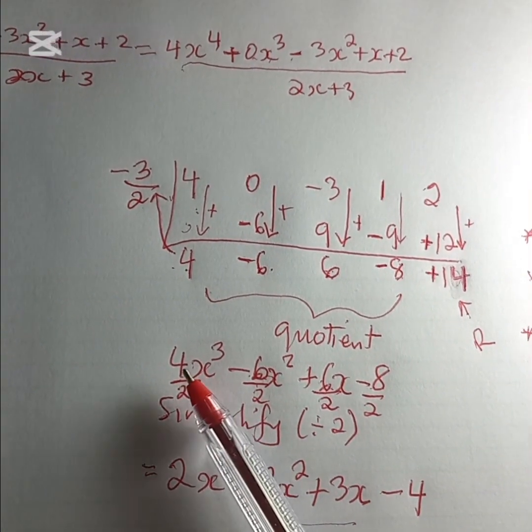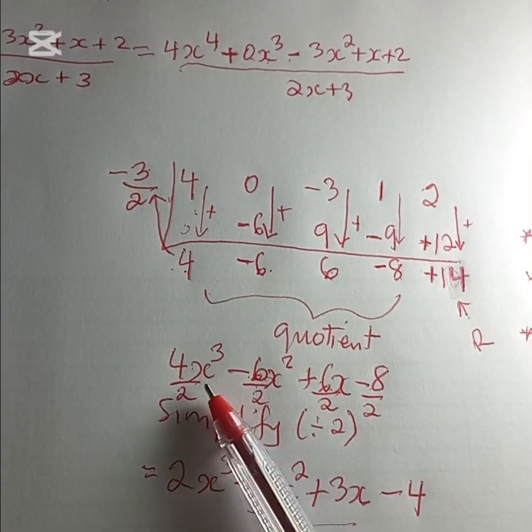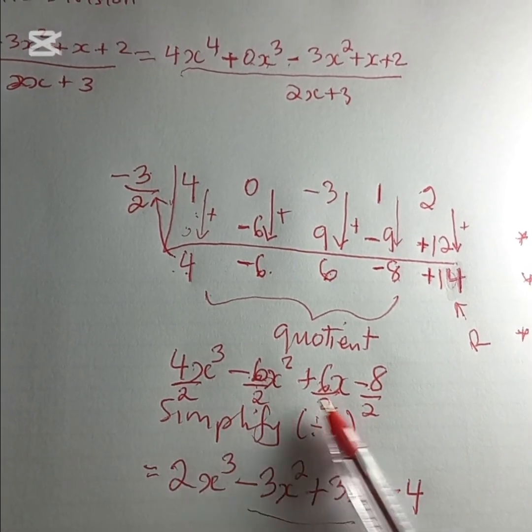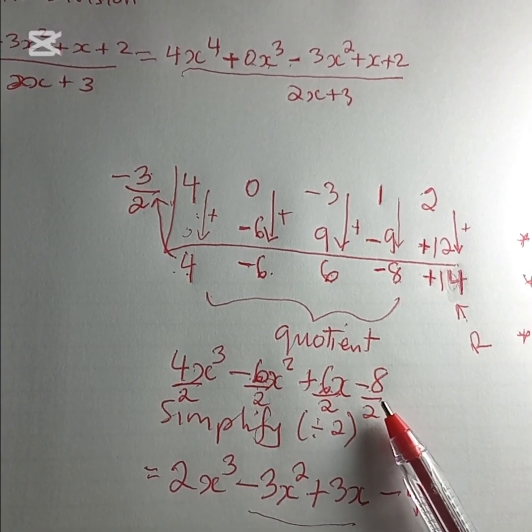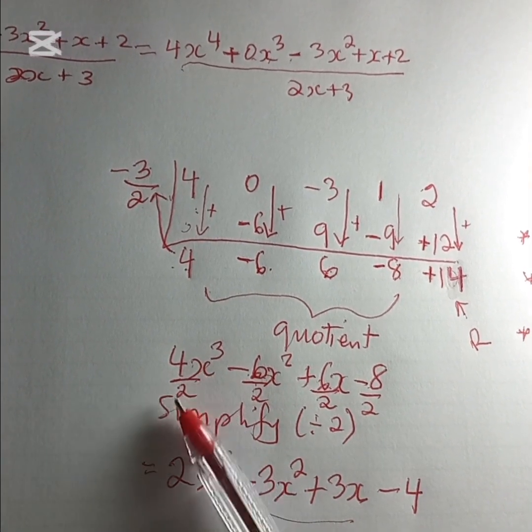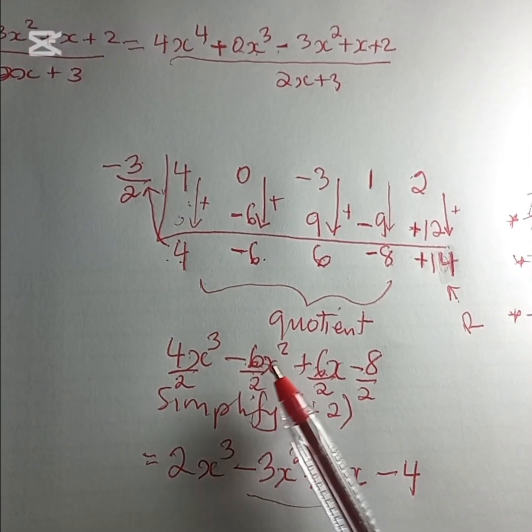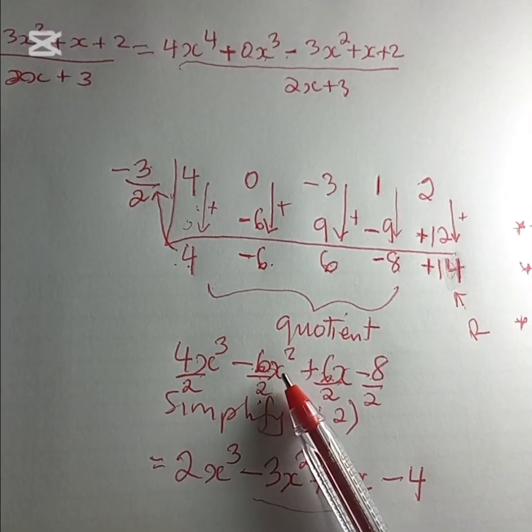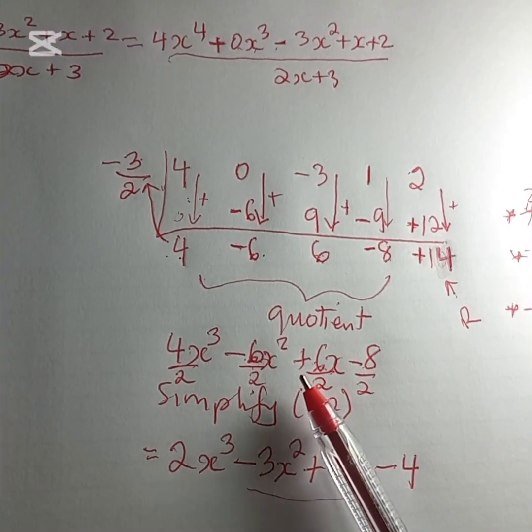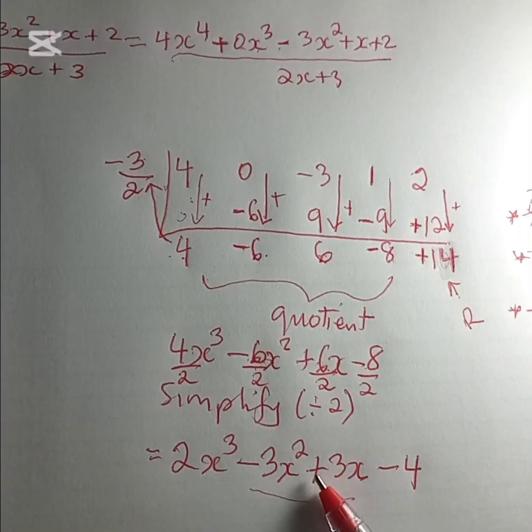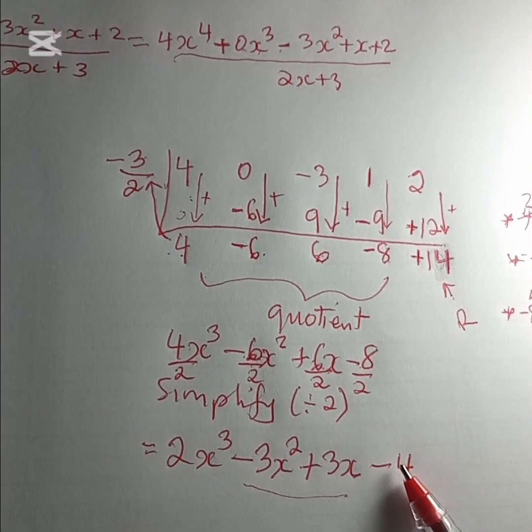Now, if you look at the numbers 4, 6, and 8, they have a common factor of 2, so they can still be simplified. So we divide every term by 2, and so 4x cubed divided by 2 is 2x cubed, minus 6x squared divided by 2 is minus 3x squared, positive 6x divided by 2 is plus 3x, and negative 8 by 2 is negative 4.